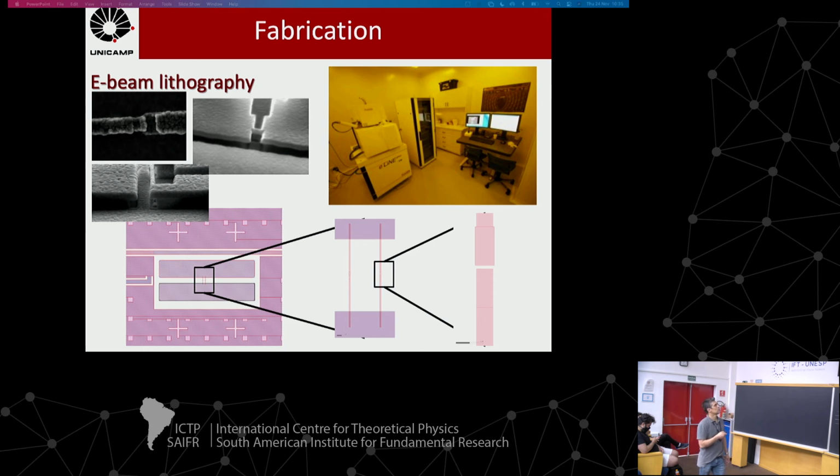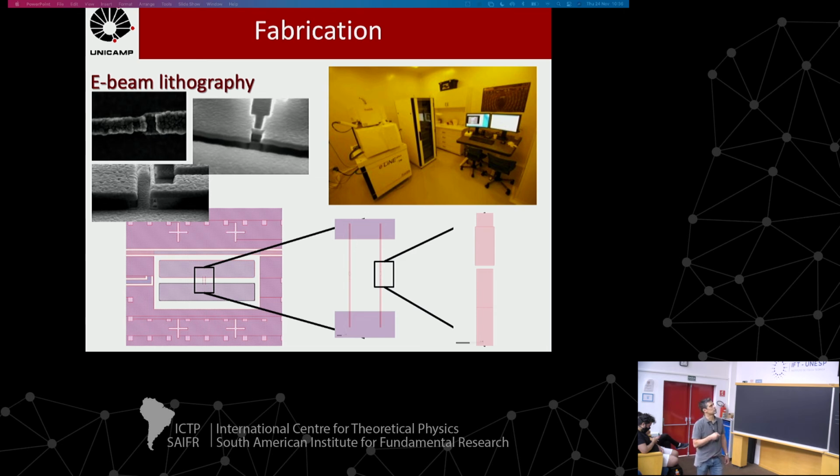of aluminum. Here's an image of the junction, and here is an image of the bridge. I don't know if it's possible to see from the top there, but there is a small dark region that defines the shadow of this junction.